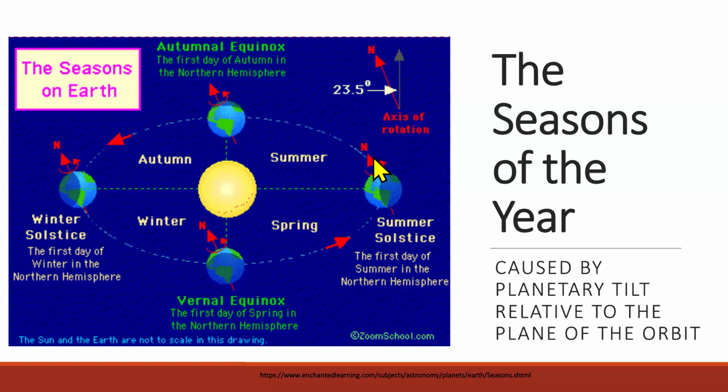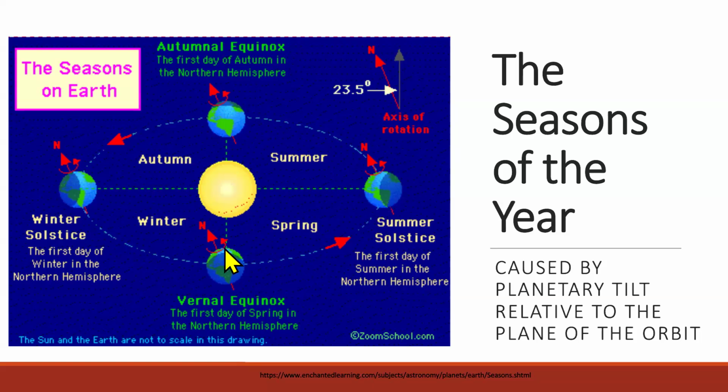And then we also have the equinoxes, where the planet is at the furthest extent of the shorter axis. And then these pie wedges in between the equinox and the solstice and the equinoxes, we define as the different seasons.